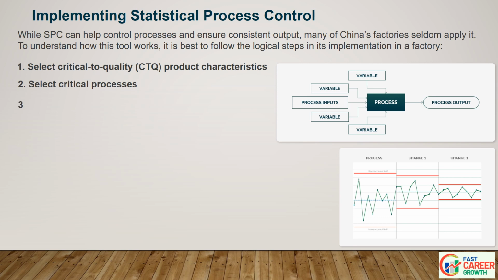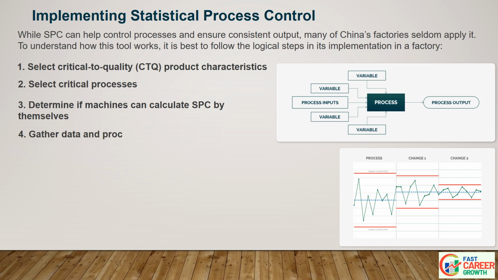Select critical processes. What qualifies a process as critical? If something goes wrong with that process, it will probably have a sizable impact on at least one CTQ characteristic. Critical processes are often indicated with a star on the control plan.